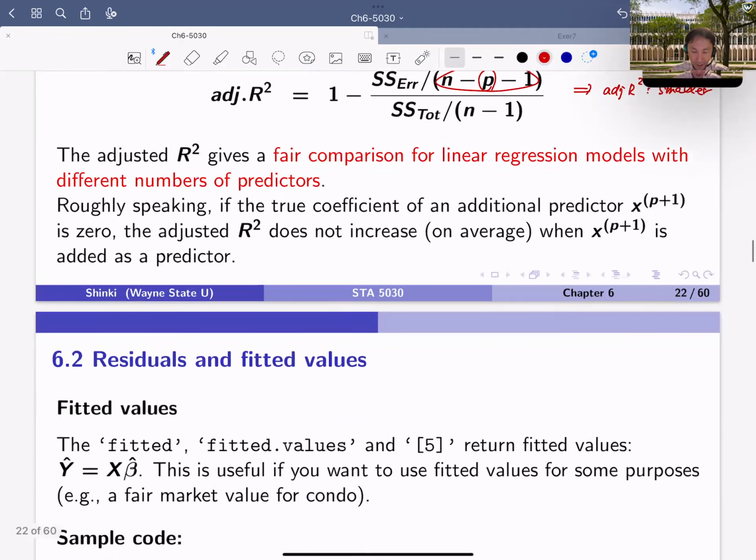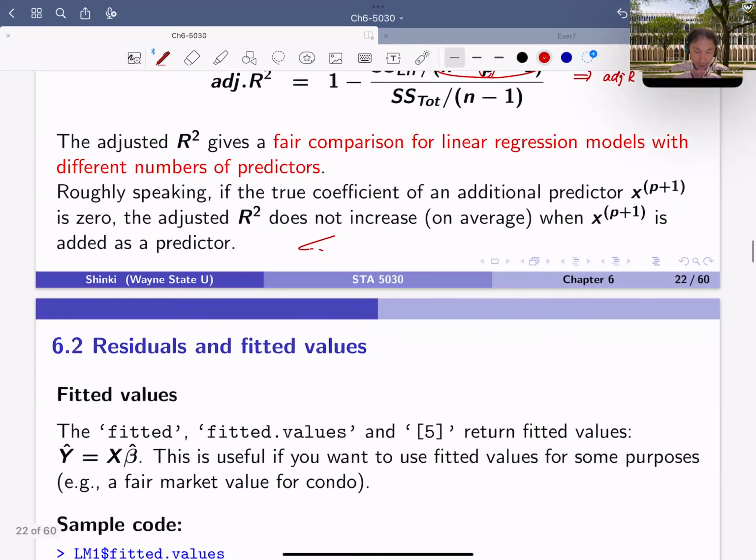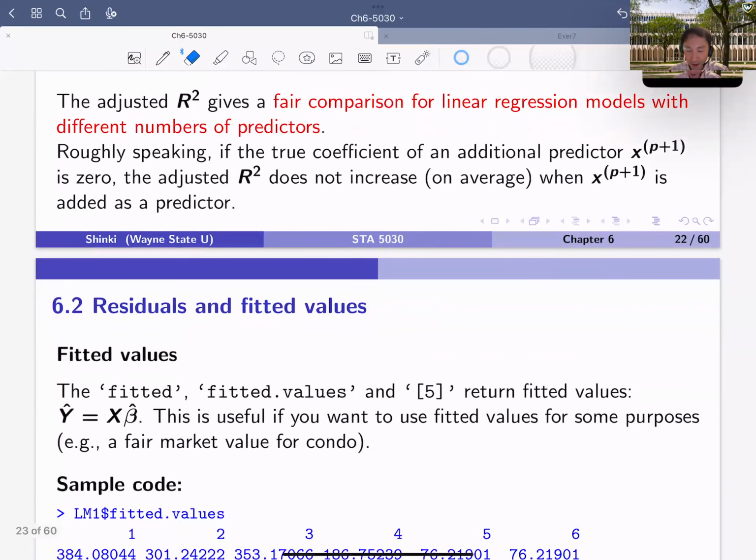Roughly speaking, if the true coefficient of an additional predictor is 0, then adjusted R square does not increase. If we add a redundant variable, even if it's not entirely useless, if we have just finite observations, like 10 observations, we can adjust the coefficient of that predictor to explain y better, right?